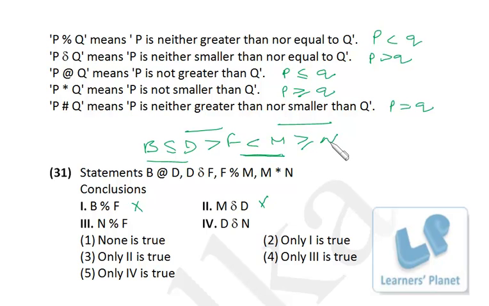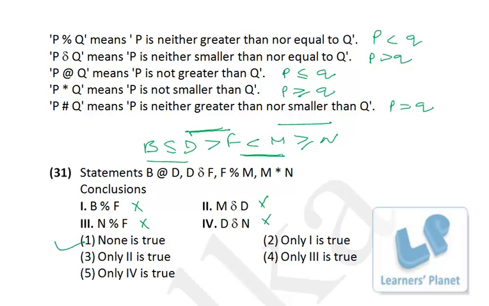N and F, N from this sequence and F from this sequence, so no relationship can be established. D and N, of course not. So none of this is true, right? So gradually once you are practicing, you might have observed that from the last two questions I have not been assigning any characters, right? Without assigning characters we are able to find out the answer, right?